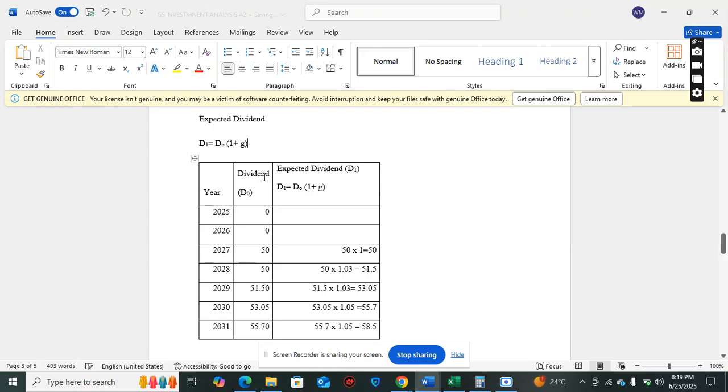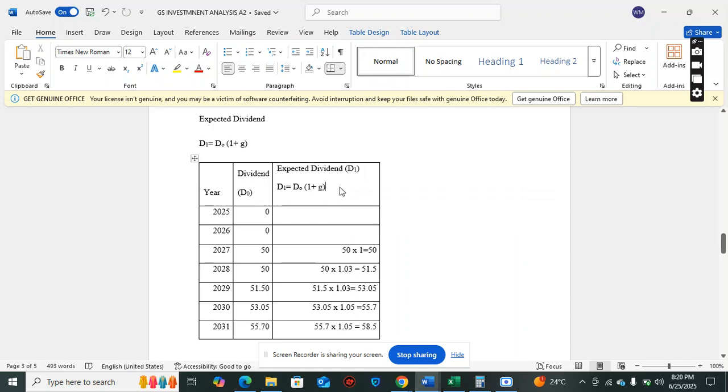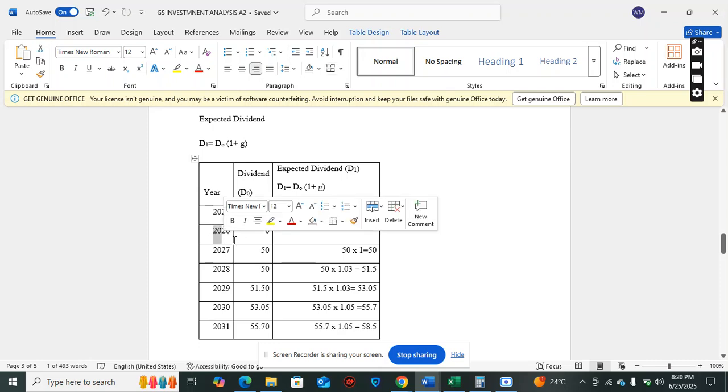You have the year, you have the dividend, and then the third column, you have the expected dividend. In 2025, there will be no dividend, so there can't be any expected dividend. 2026, no dividend, so no expected dividend.